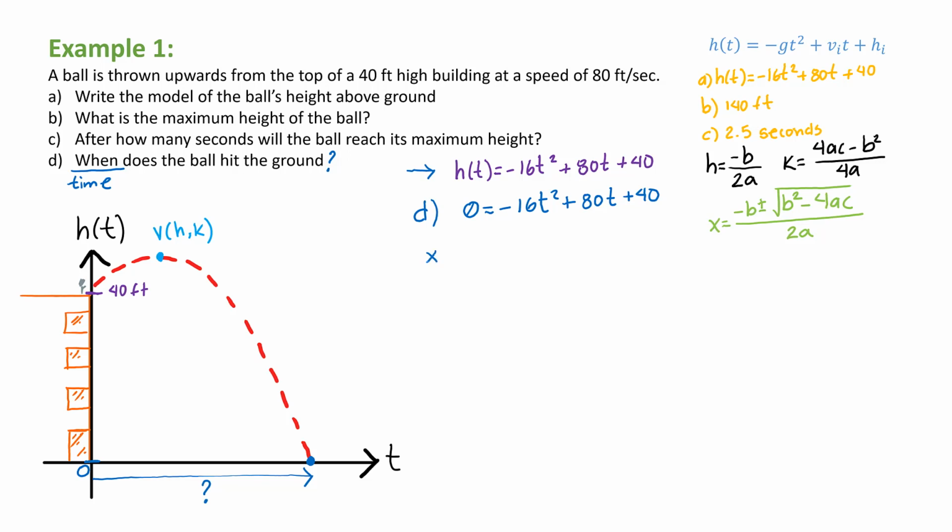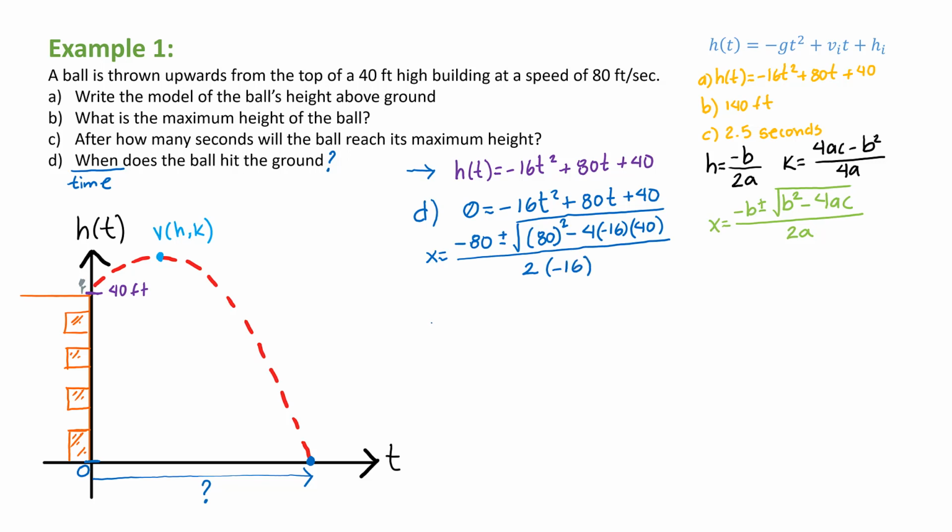So x equals minus 80 plus minus the square root of 80 squared minus 4 times minus 16 times 40, all of this over 2 times minus 16.